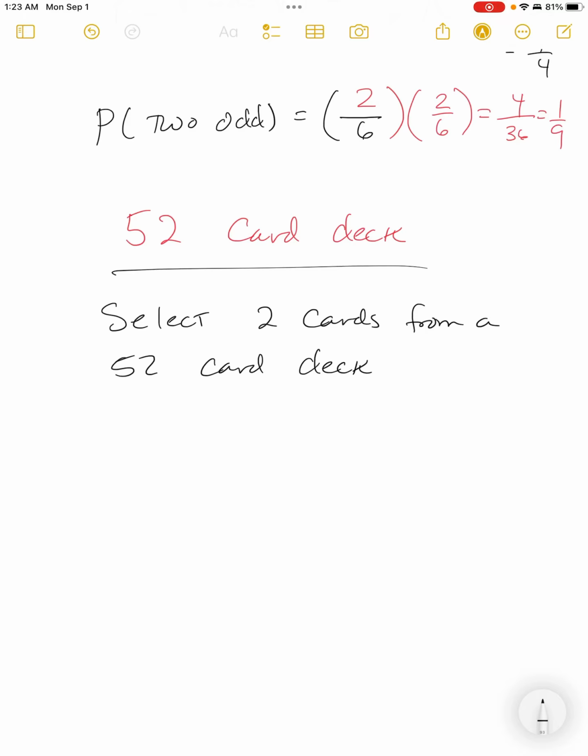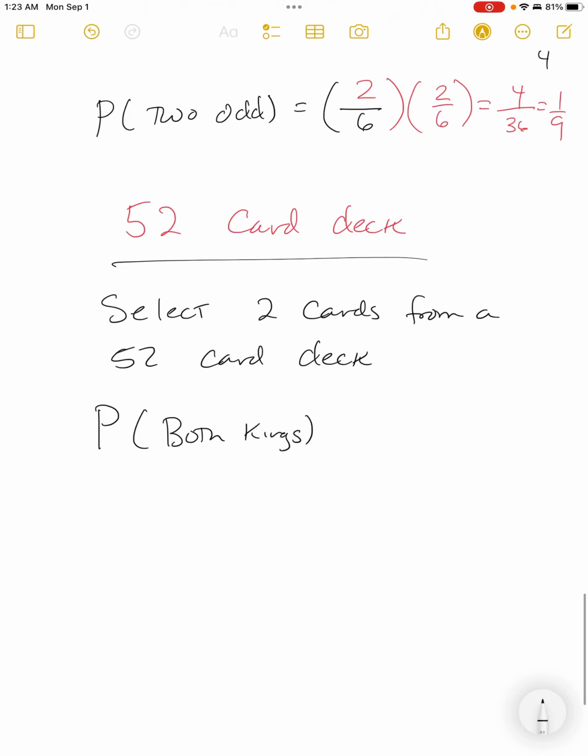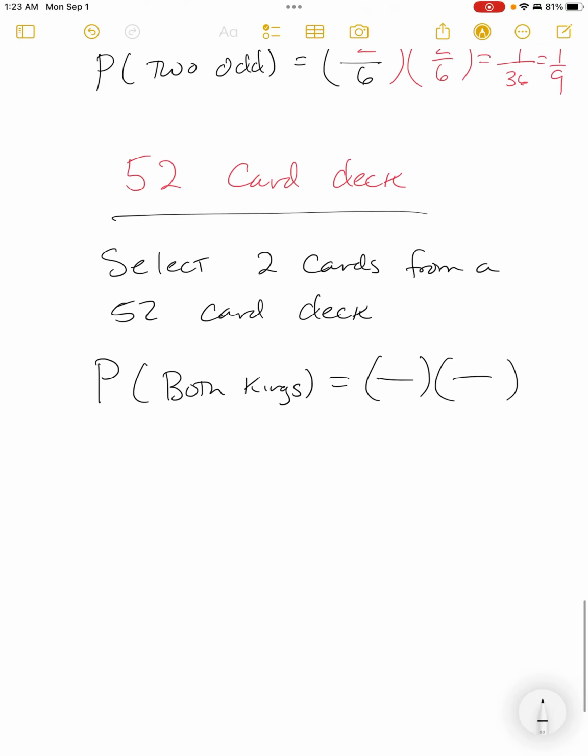We're going to look at a few questions together. We want to find the probability that they are both kings. Okay, let's do that. Well, if we remember our process, we want the probability that the first one is a king and the second one's a king. But we're going to do it one at a time.